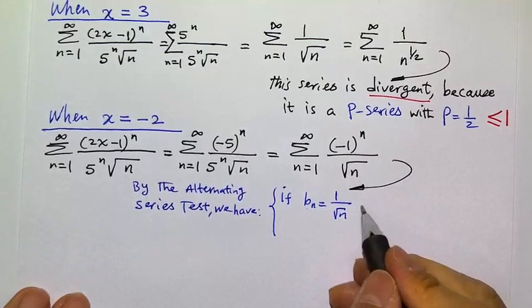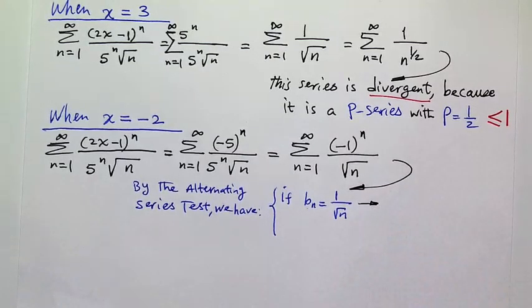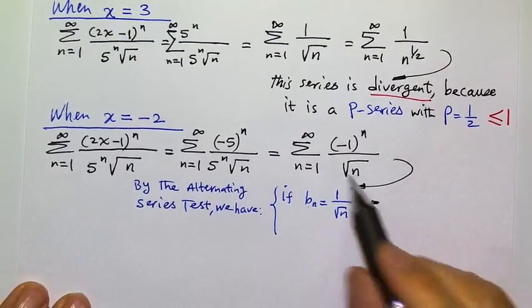Then we can say that this is a decreasing series for the positive values of the series.